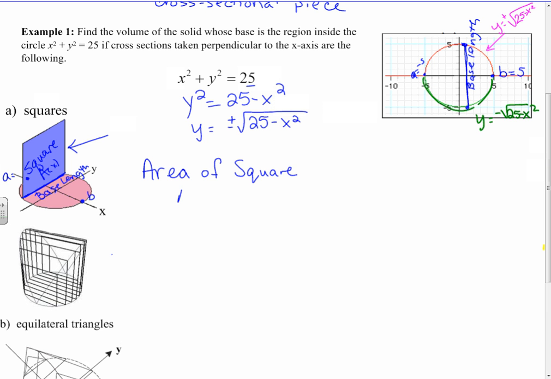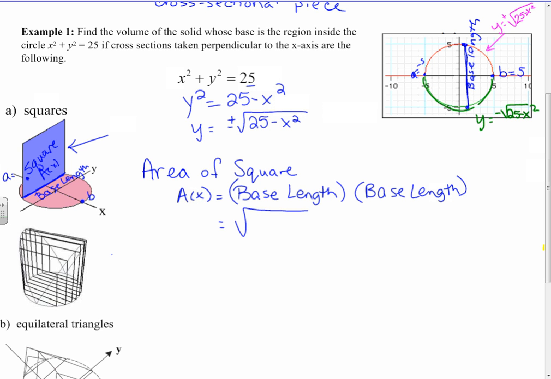And that area of the square, in terms of x's, would be the base length times the base length, right? A square has equal dimensions for width and height. And according to our picture, I want to capture that chord length, and the top function is square root of 25 minus x squared. And the bottom, oops, I need to put a minus in here.